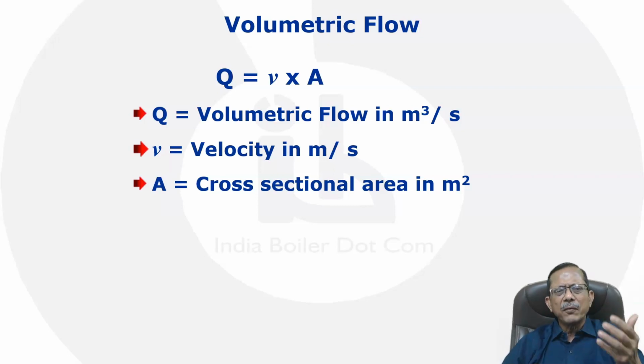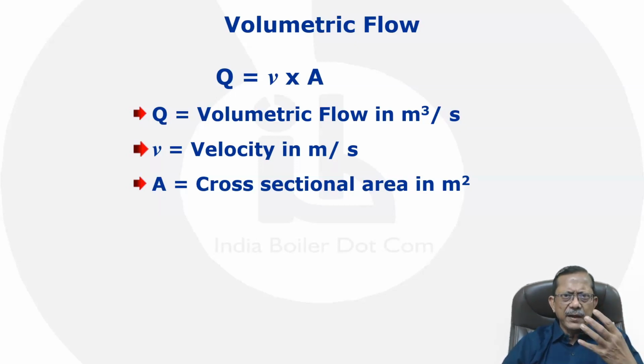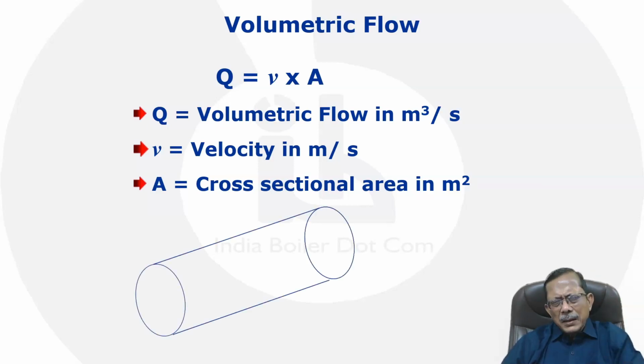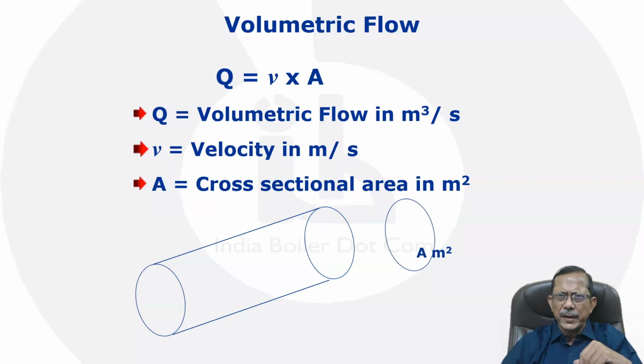Now when I say equation, I can either memorize it or I can physically conceive it. Once you physically conceive the concept, it's not very difficult to remember the equations and put them into practice. So let us see, if I am having a cylindrical pipe like this, through which steam or water or whatever fluid is flowing, the cross-sectional area of this pipe is, let us say, A meter square.